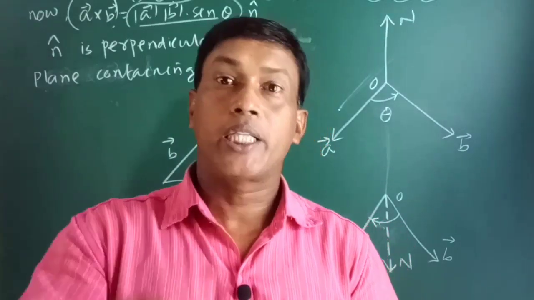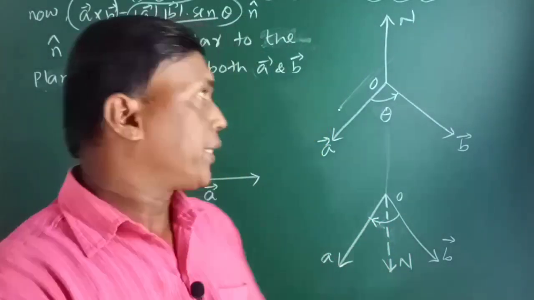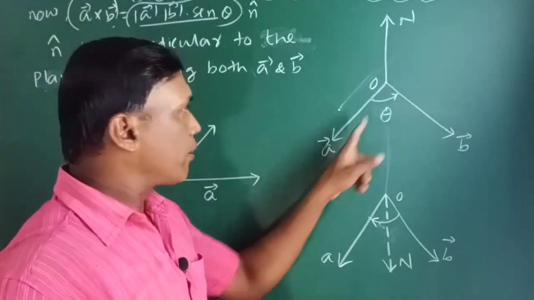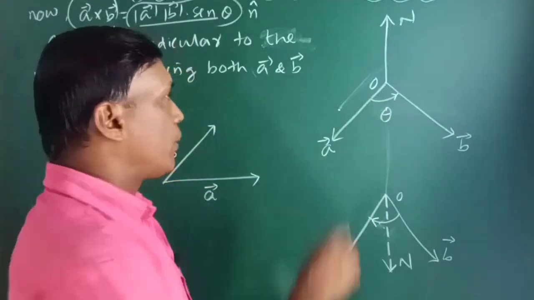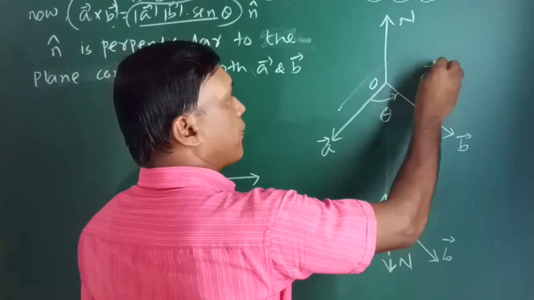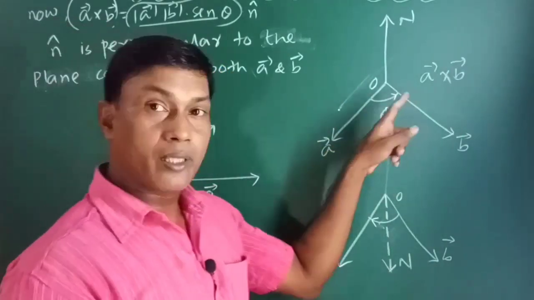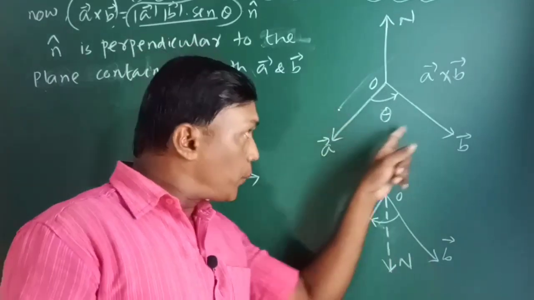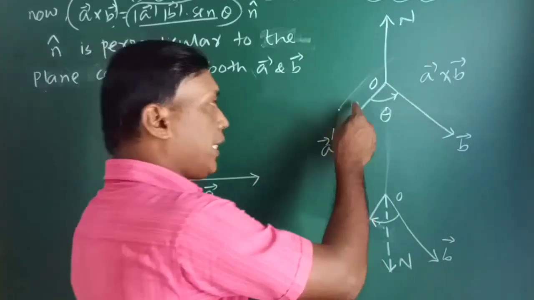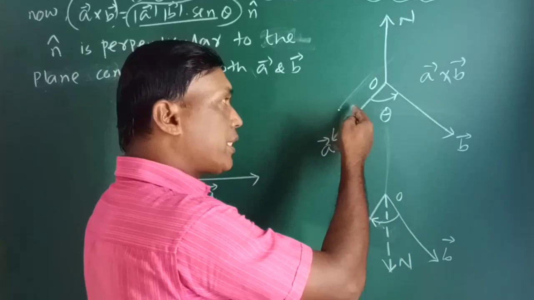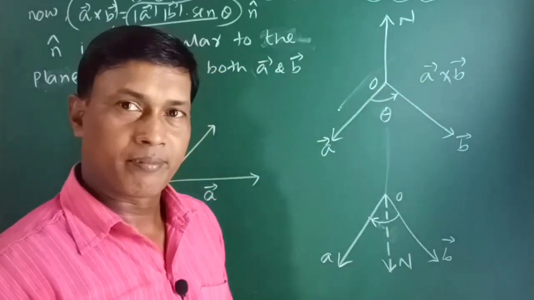Another is the screw rule. Look here, A vector, B vector. We want to multiply here A cross B. That means the direction is from A to B. A to B means here it is anti-clockwise direction.